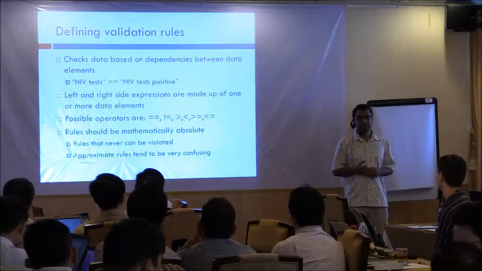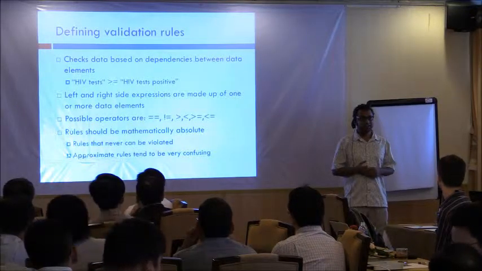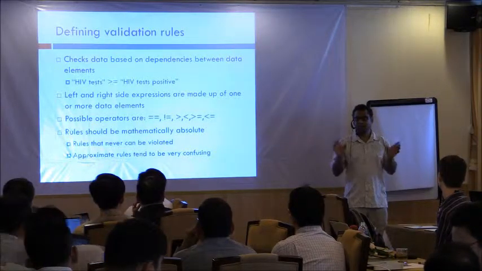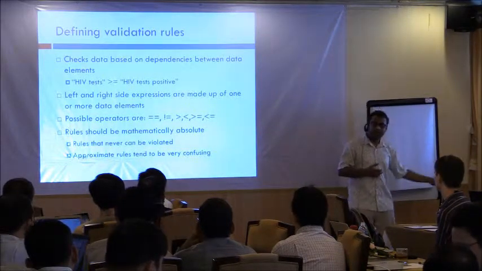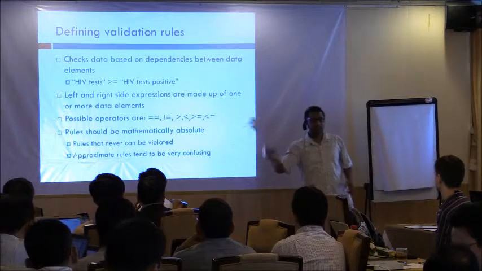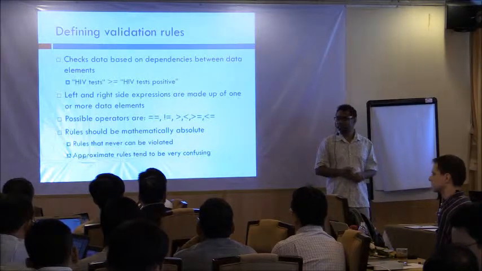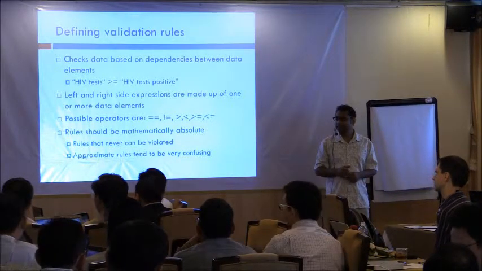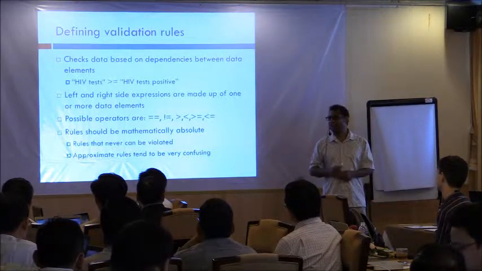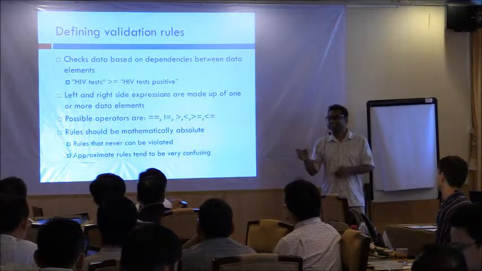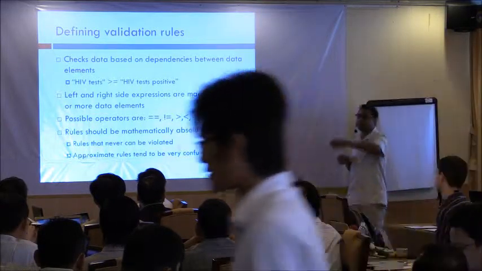You can also say any good validation rules. Health implementers, from your experience, what is a good validation rule? Any example of a validation rule? You have a right side, you have a left side, and an operator. No, that's not a real validation rule. That is an analysis, because then you compare across different months.